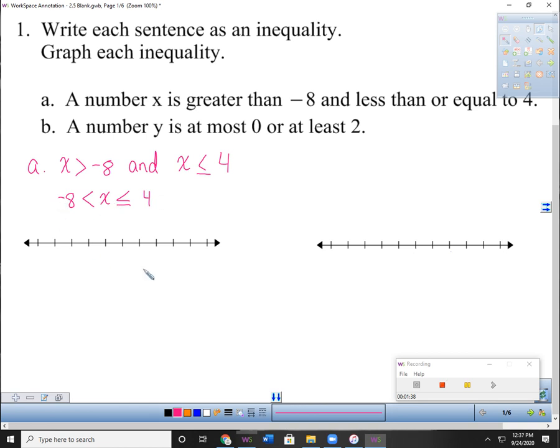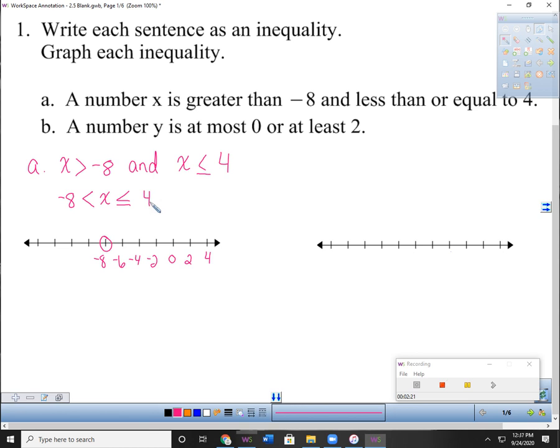Alright, so we don't have enough spaces to count that far, so we're going to count by 2s. I'm going to start with 4 over here. So we just need to go from 4 to -8. We don't have to worry about the rest of the numbers. Alright, so I look and I say, okay, on -8, we look at that little inequality symbol right there, and there's no equal to bar, so we're going to put an open circle on -8.